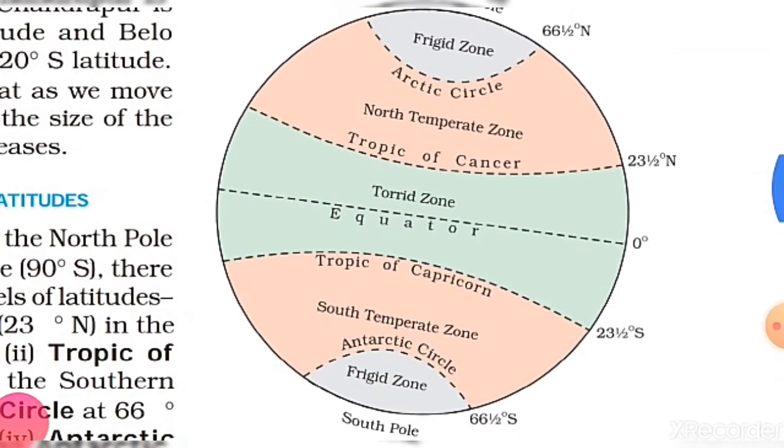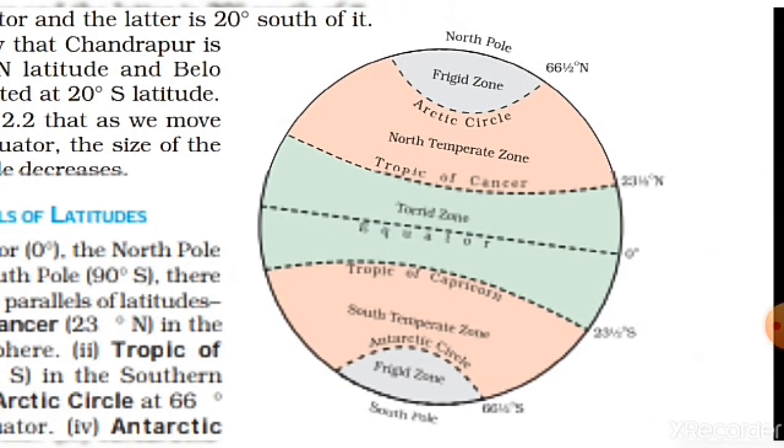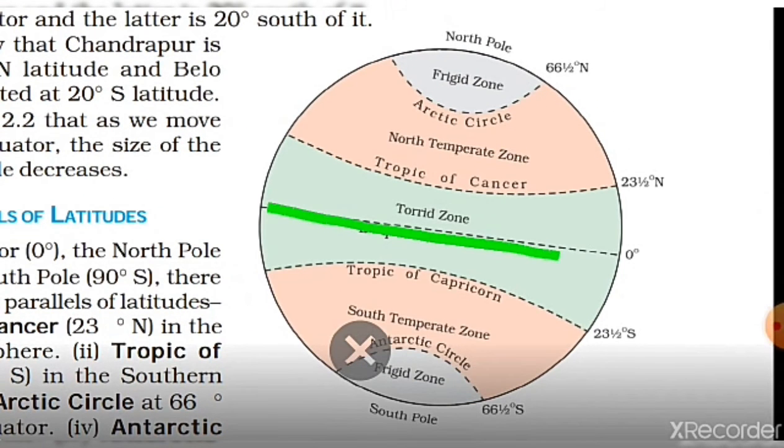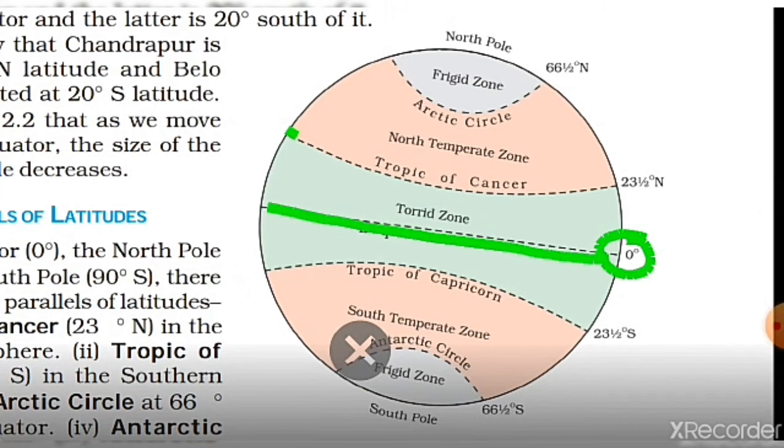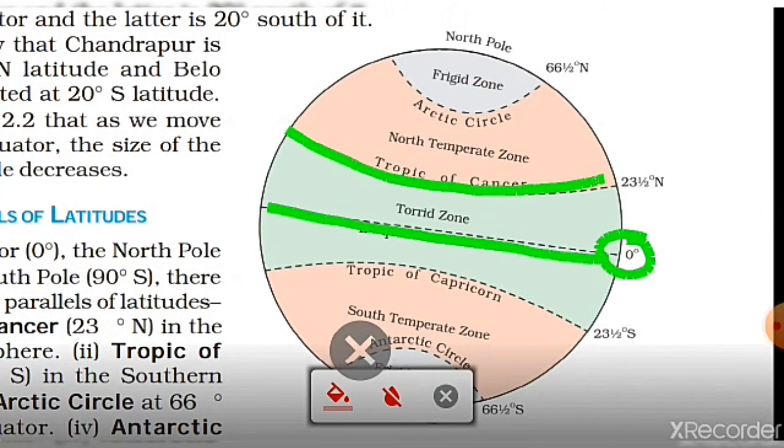This imaginary line at 0 degree is called the equator. Beside it you will see the Tropic of Cancer at 23.5 degree north, and beside it the Arctic Circle at 66.5 degree north.